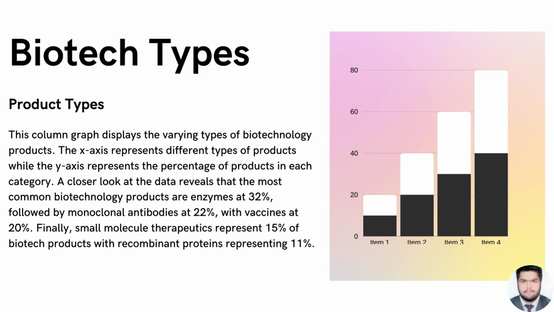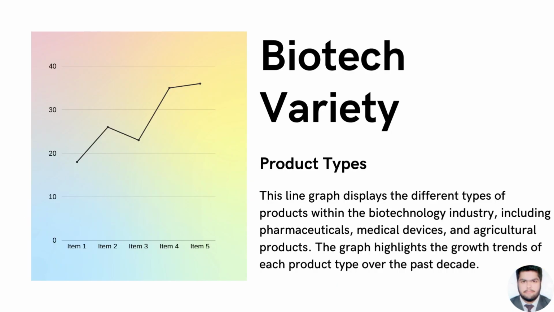A closer look at the data reveals that the most common biotechnology products are enzymes at 32%, followed by monoclonal antibodies at 22%, with vaccines at 20%. Finally, small molecule therapeutics represent 15% of biotech products, with recombinant proteins representing 11%.